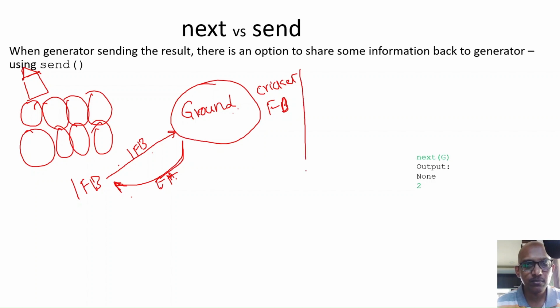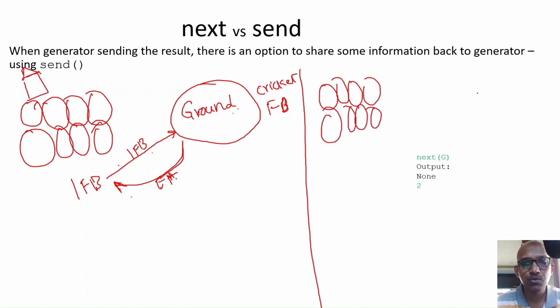This is one scenario. In the second scenario, the same eight footballs are at your home, and your brother says, hey, bring all the 8 footballs to the ground, we have been playing cricket so far and we want to play football now.